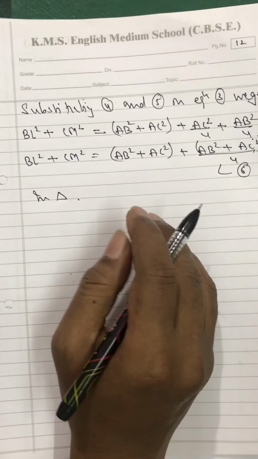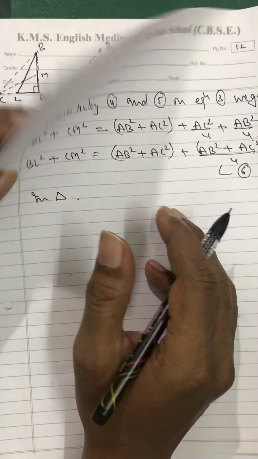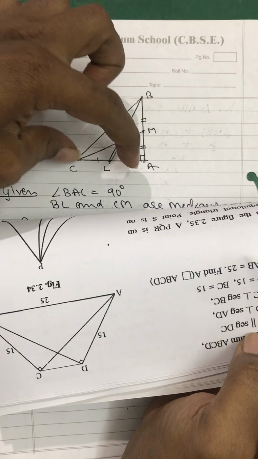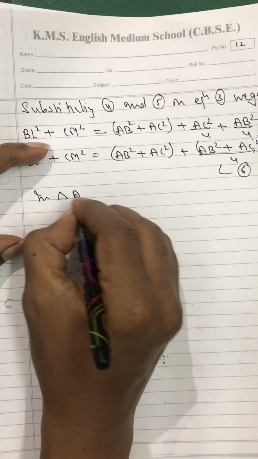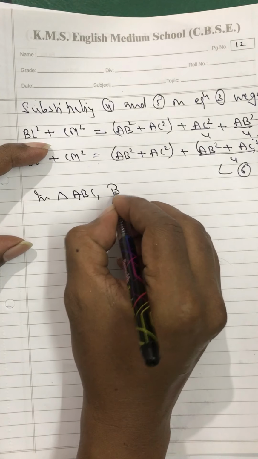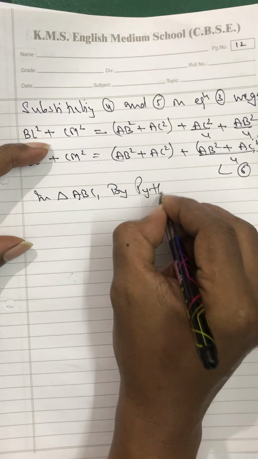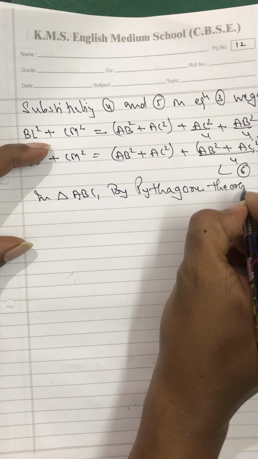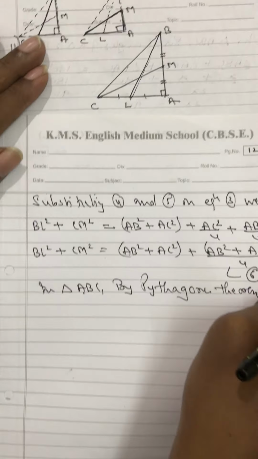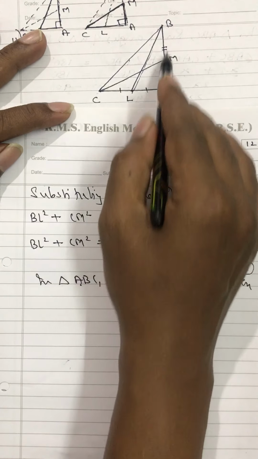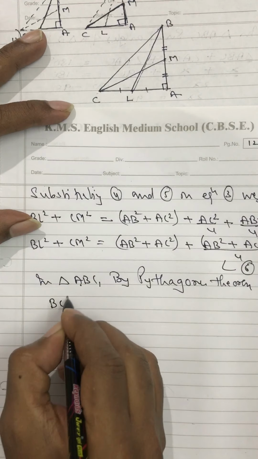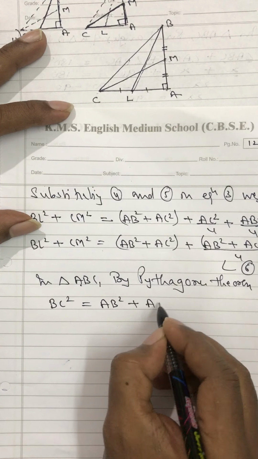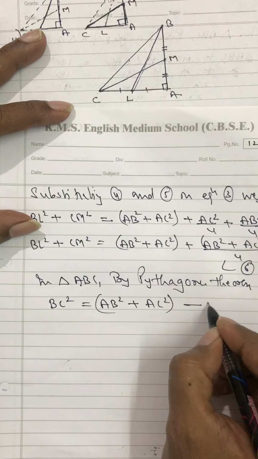In triangle ABC, BC square is equal to AB square plus AC square. This is now in triangle ABC, BC square is equal to AB square plus AC square.